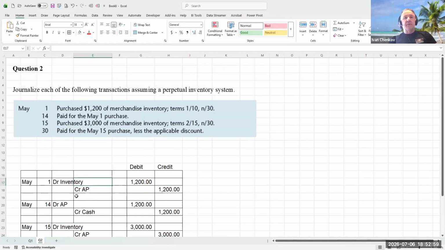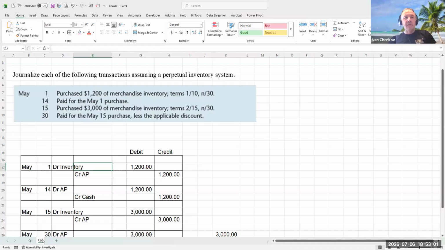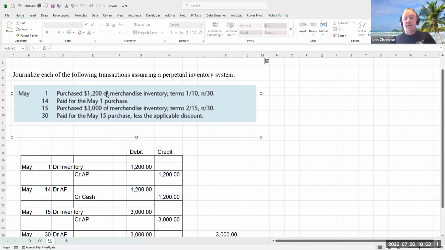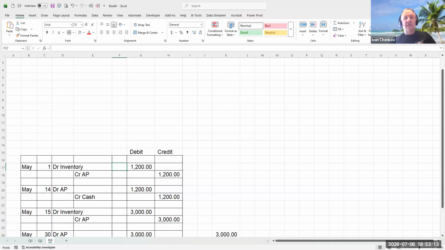Okay, that's question 2. Let's move to question 3 now. For question 3 now I can use the build up that I have from question 2. And I'm going to delete this one.